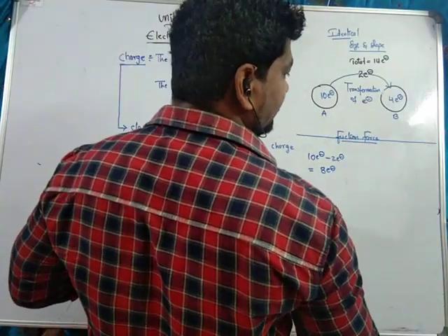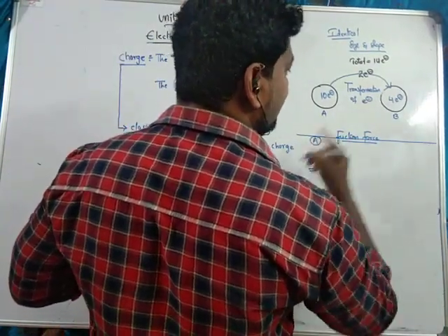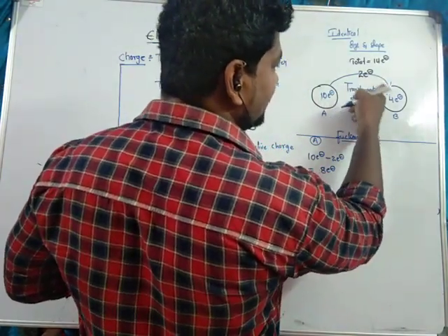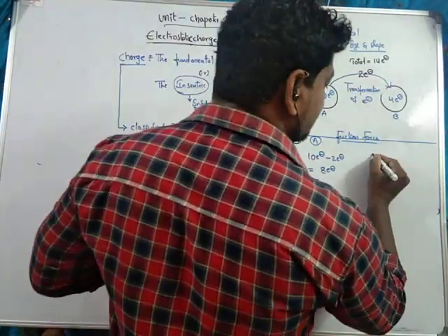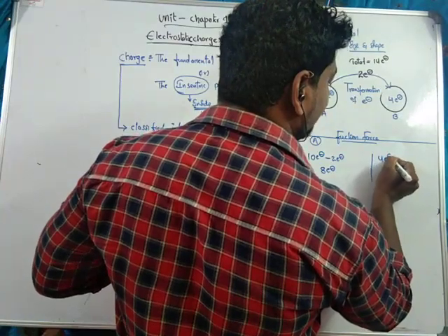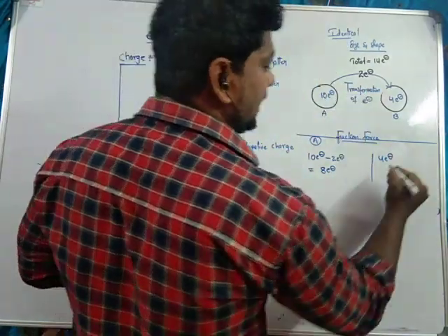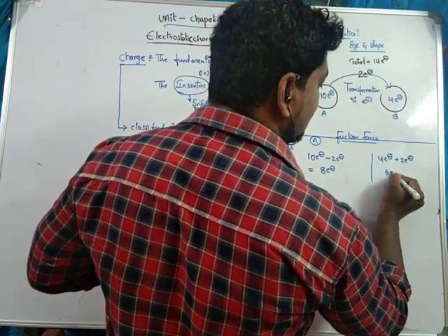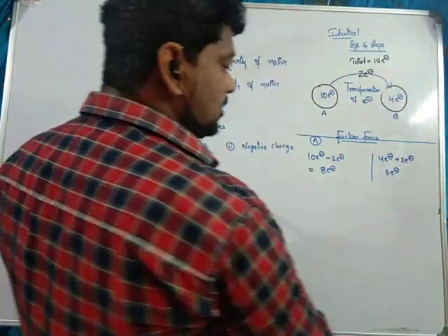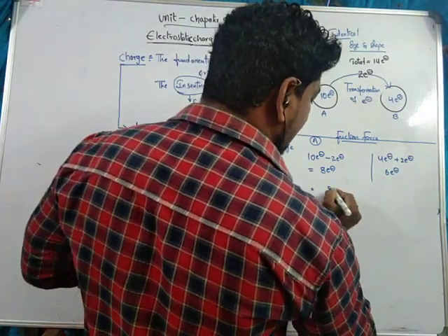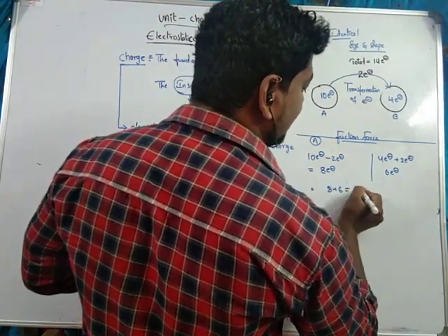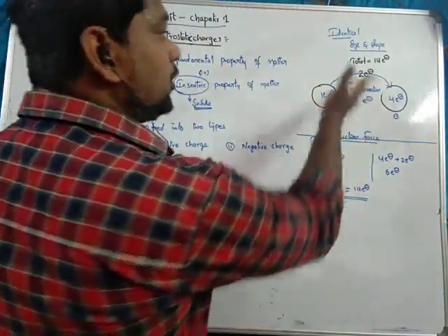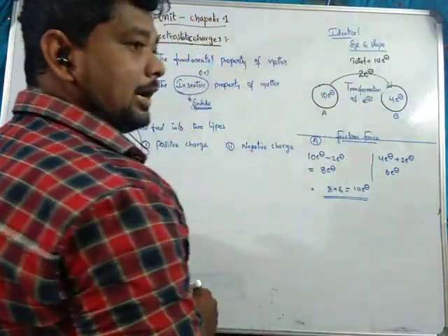In B, it was gaining. Here we have already 4 electrons, and now we are getting 2 more electrons. We are adding 2 electrons, so the net value will become 6 electrons. Now what will be the total? 8 plus 6, again we get 14 electrons. So before the process we have a total of 14 electrons.